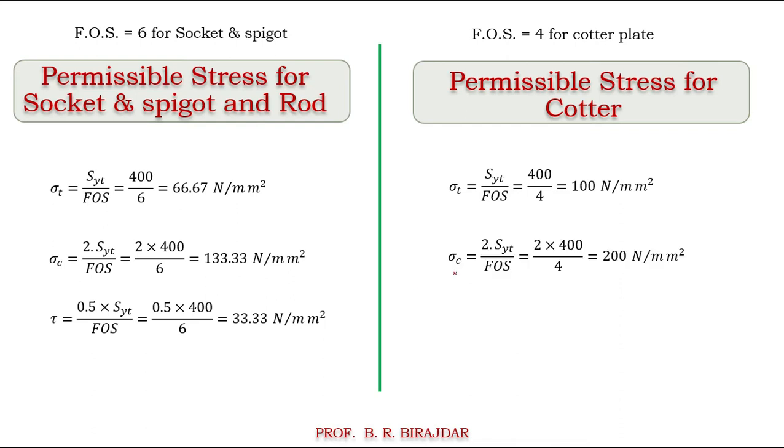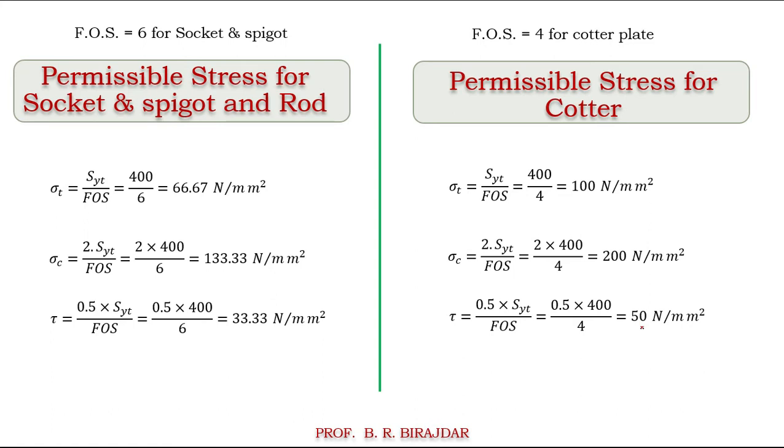Then the allowable compressive stress is equal to twice SYT divided by factor of safety, we get 200 Newton per mm square. Then the shear stress is equal to 0.5 SYT divided by factor of safety, we get 50 Newton per mm square. So this is the first step, that we have to find out the allowable stresses based upon the factor of safety.